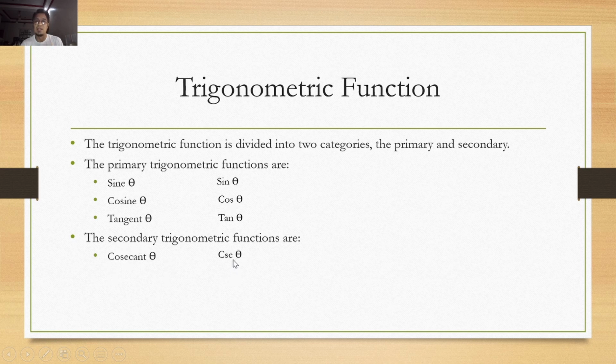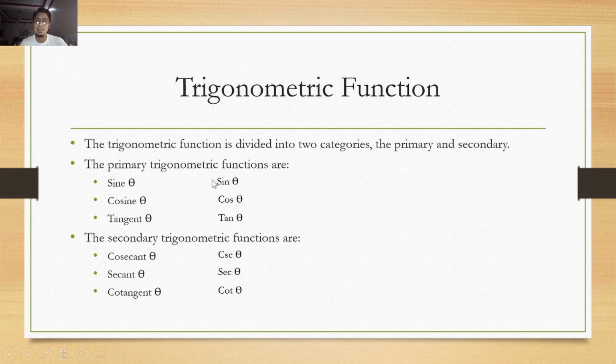So, ang symbol po natin, csc. Pangalawa, we have the secant theta, sec theta. And yung cotangent theta natin, cot theta. So, ito po yung secondary trigonometric functions po natin.